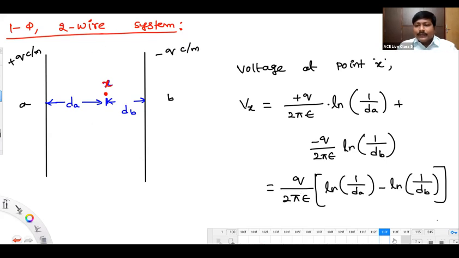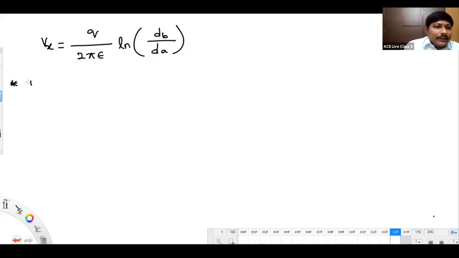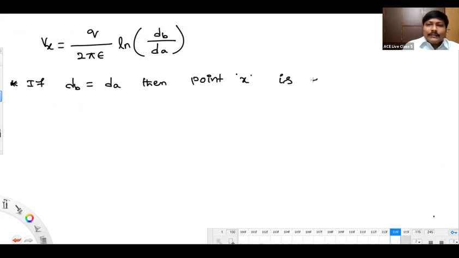Let me write: if dB is equal to dA, then point X is exactly at center, or exactly at middle, you can say.